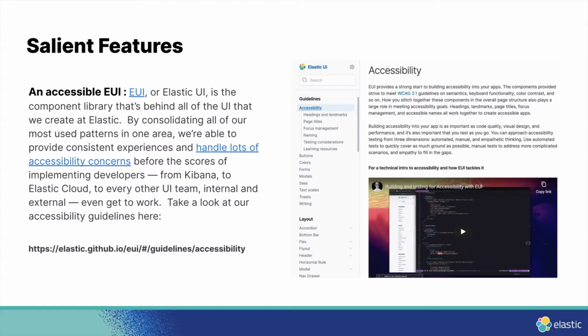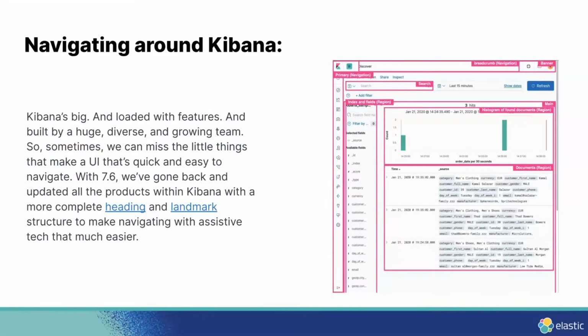From Kibana to Elastic Cloud to every other team internal to Elastic, we have this EUI accessible, and you can take a look at our accessibility guidelines, which are set in stone and which we incorporate for all our Kibana testing.